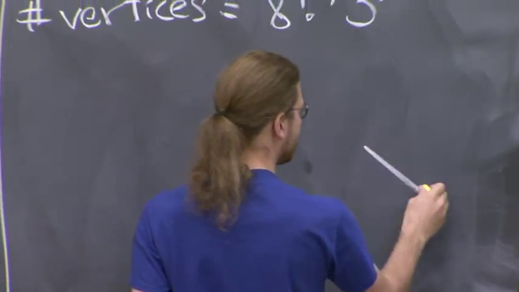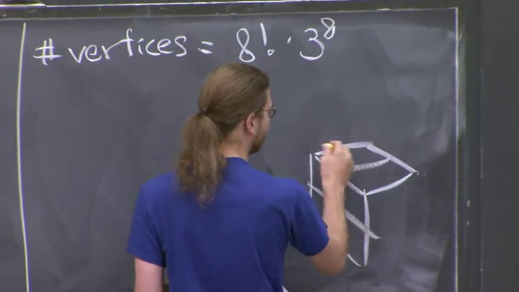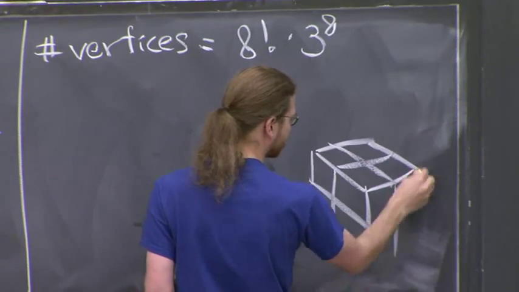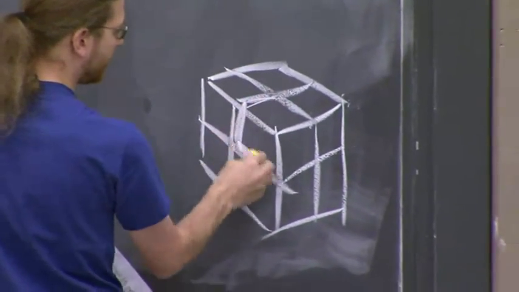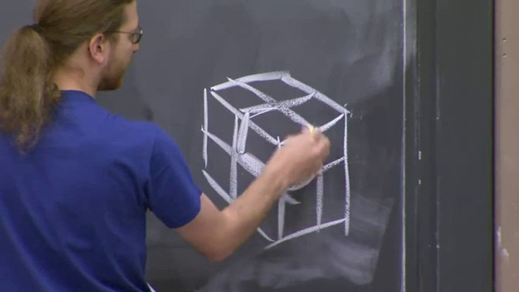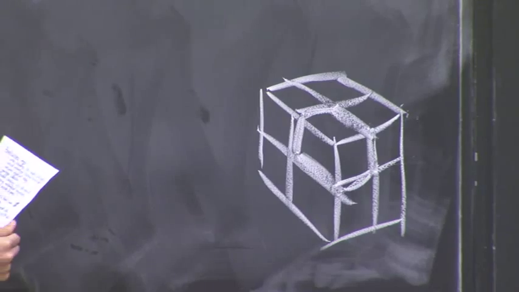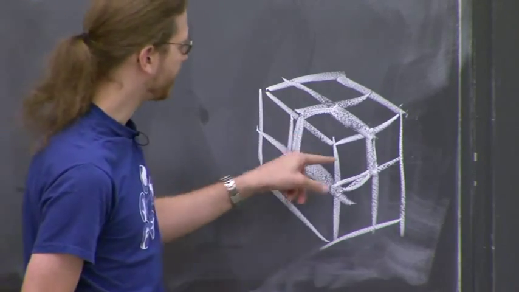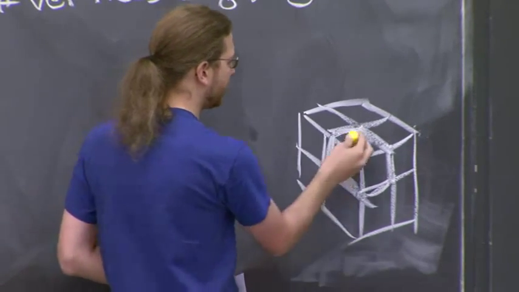And one way to see that is to draw a 2 by 2 by 2 Rubik's Cube. These are what you might call cubelets or cubies, I think is a standard term in Rubik's Cube land.